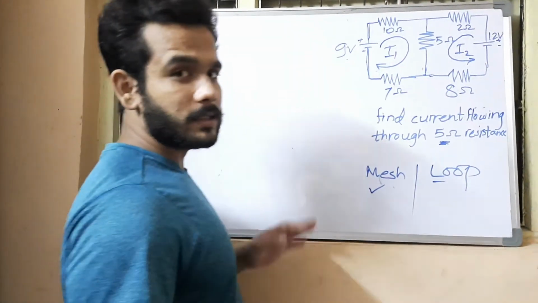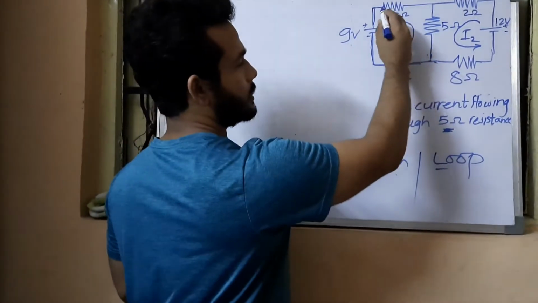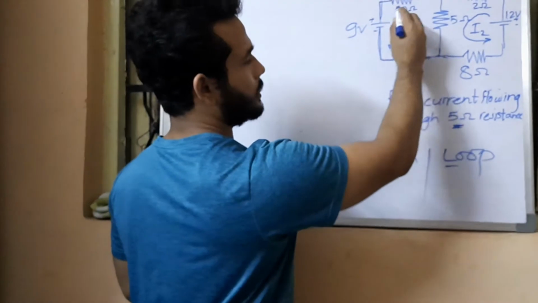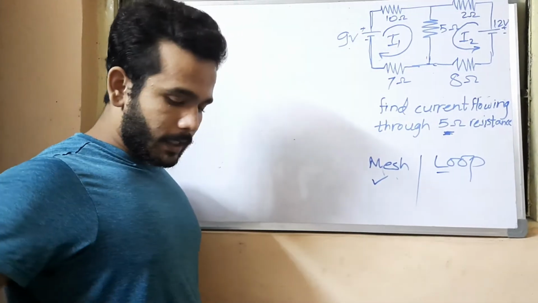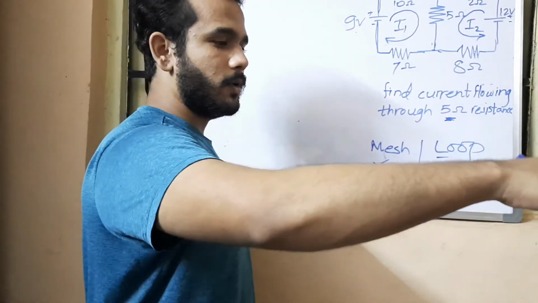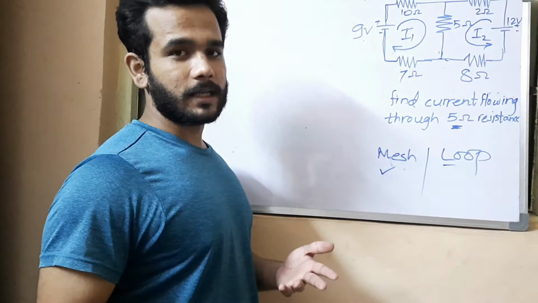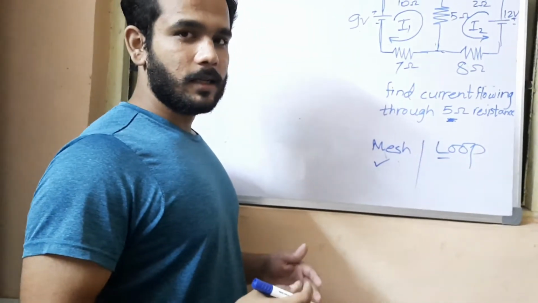Now if we are tracing the mesh with the direction of I1, here is I1, it is also flowing, and we have given the direction of I1 and we are now tracing the circuit.